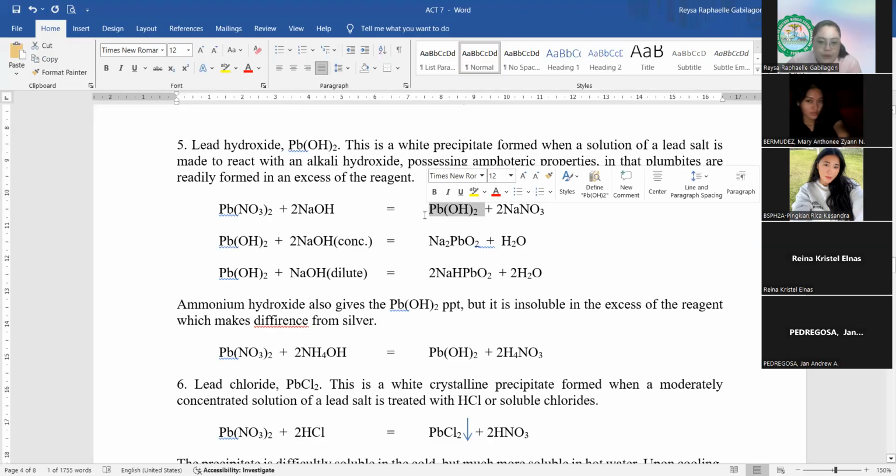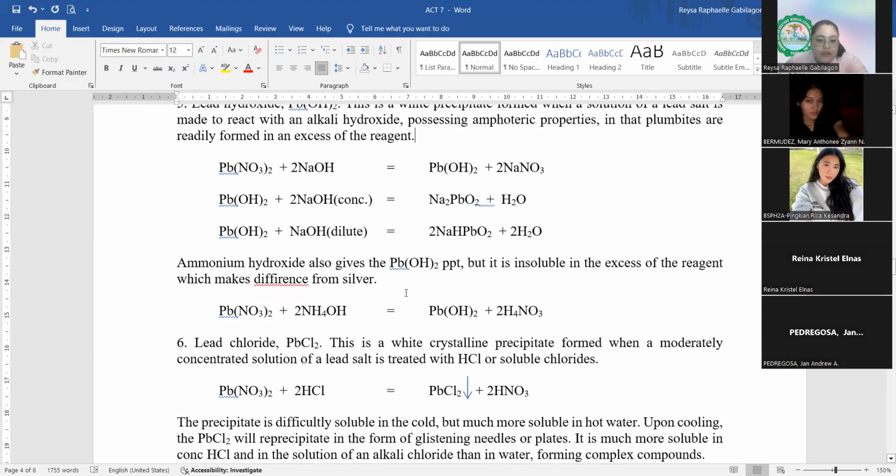Kindly check kung tama ba yung sagot niyo dyan sa lead hydroxide na yan. It's color white and it's actually soluble in the excess na sodium hydroxide. It will form plumbites and plumbites are readily soluble. So, dapat soluble yung answer niyo doon.